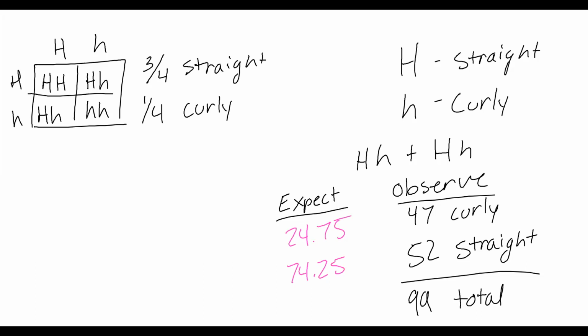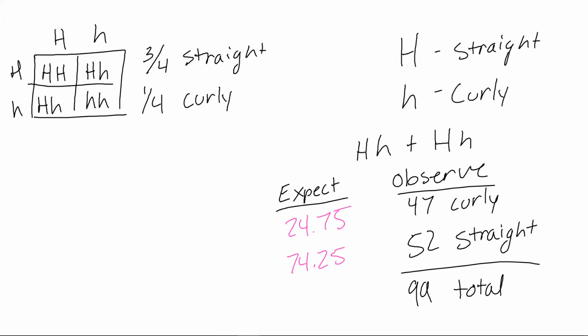Yes, okay, good. Oh, I lost some more participants. That's sad. So now I do the fun part. I have to do the observed minus the expected, squared, divided by the expected. Let's do curly hair first.